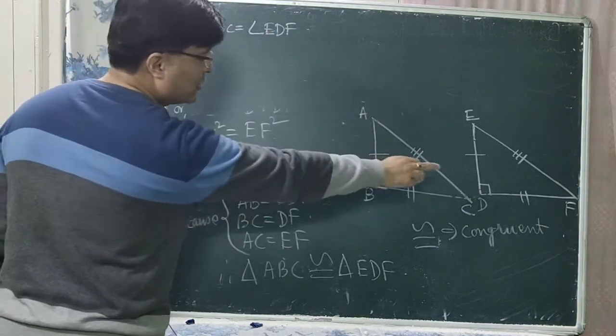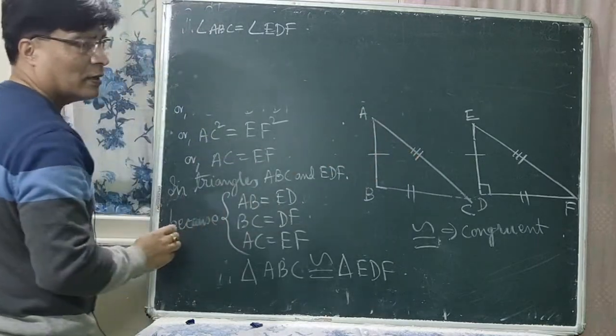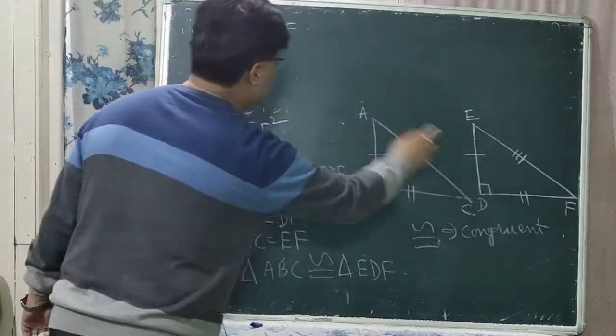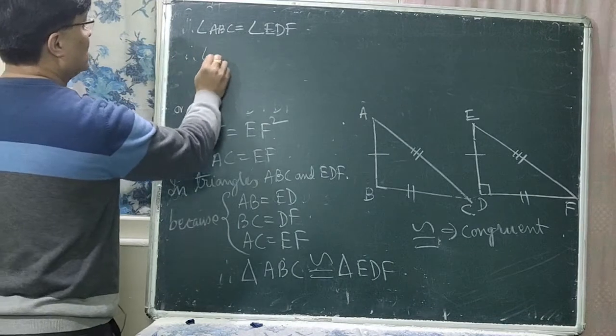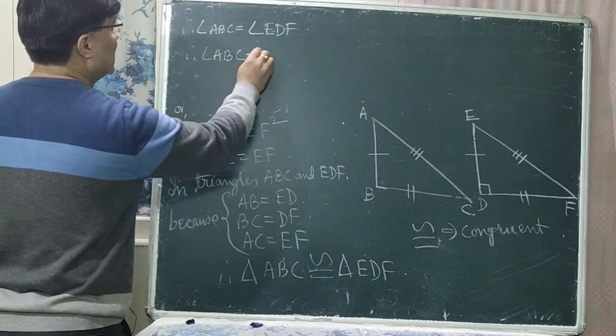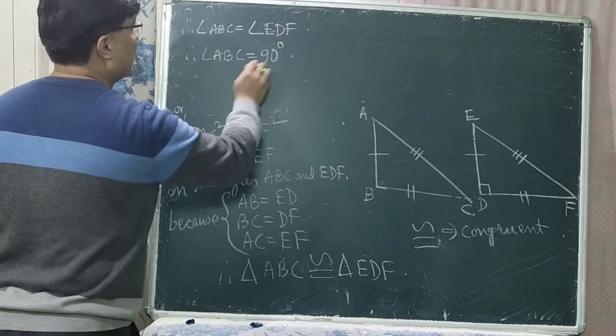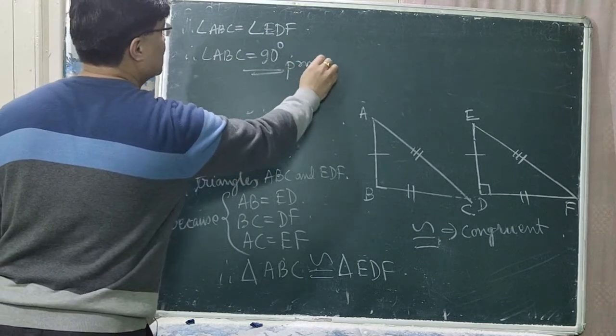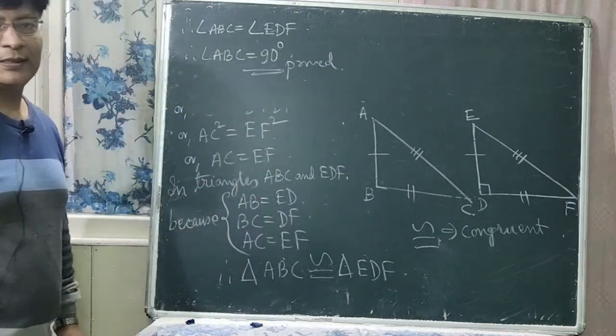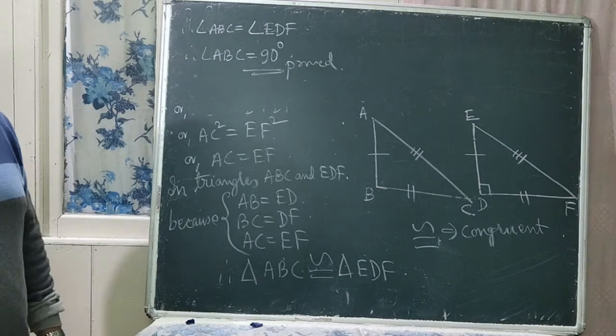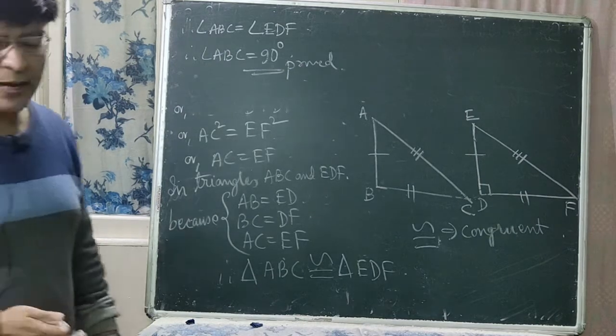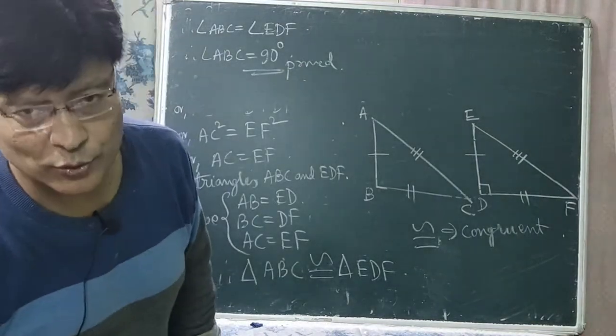So what is angle EDF there? By construction we have drawn angle EDF equal to 90 degrees. That is, angle ABC is 90 degrees. So it is proved. I think you have understood it. So this theorem is the converse part of Pythagoras theorem.